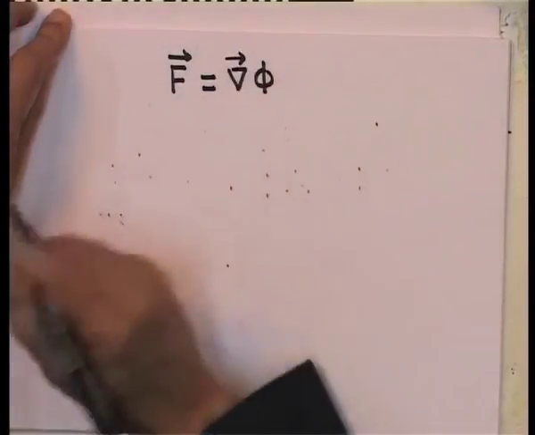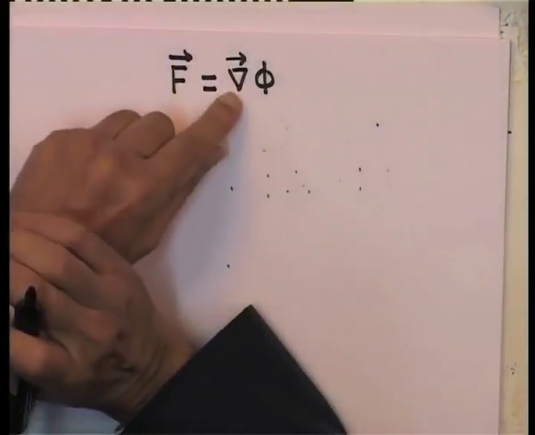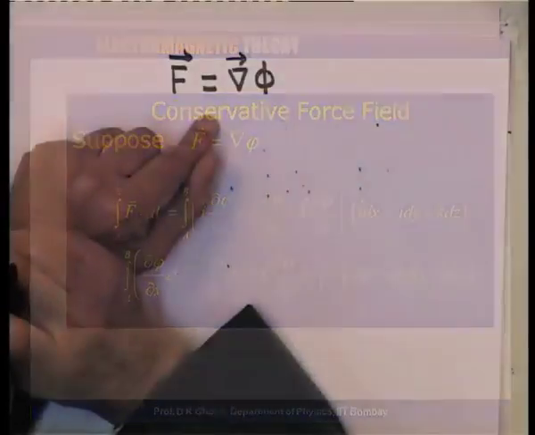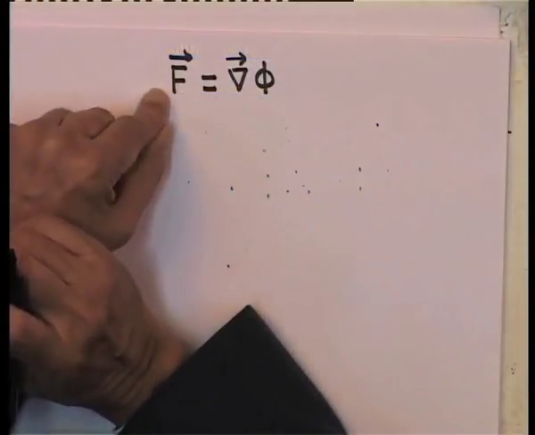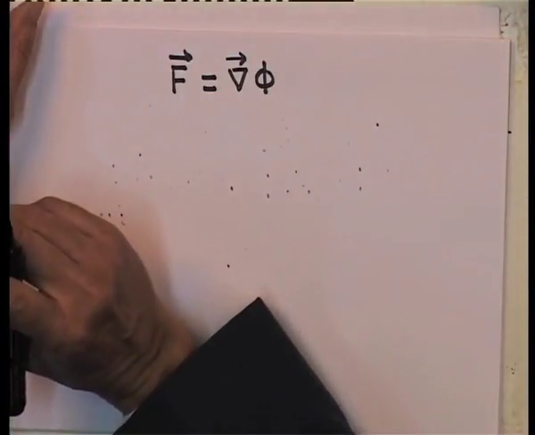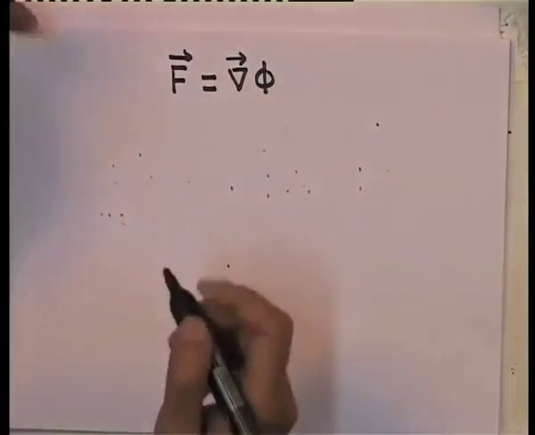Remember we had said the gradient of a scalar is a vector. Now, I am not saying that all force fields can be expressed as a gradient of a scalar field, but supposing it can be done. Now, let us see what it means.